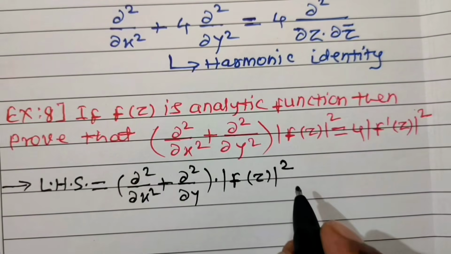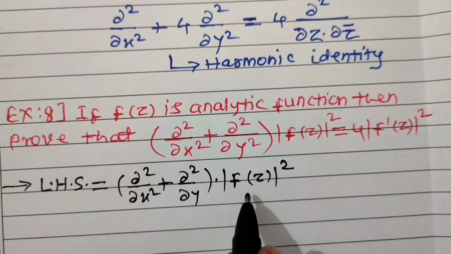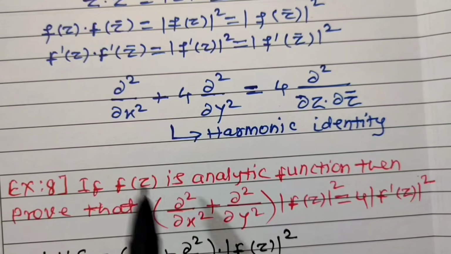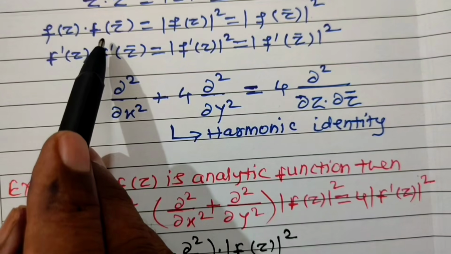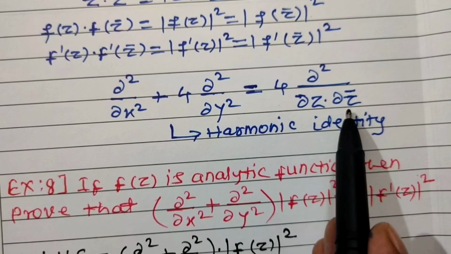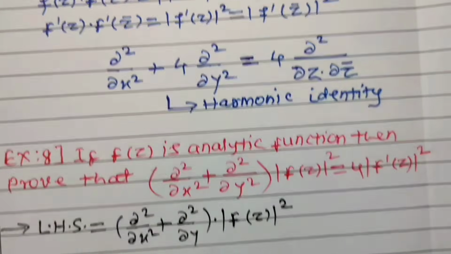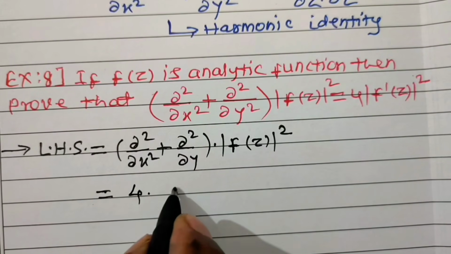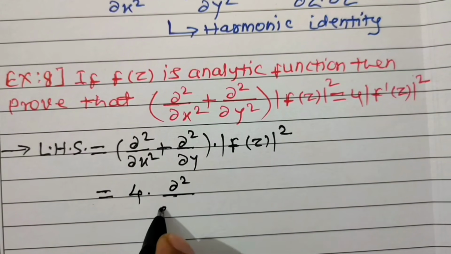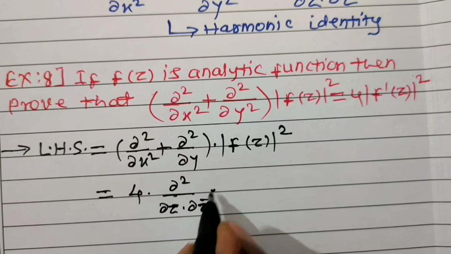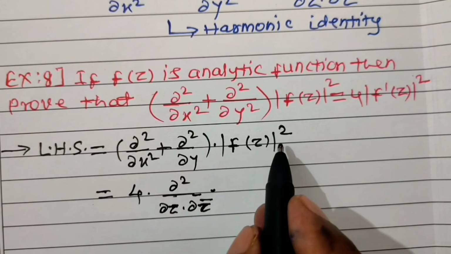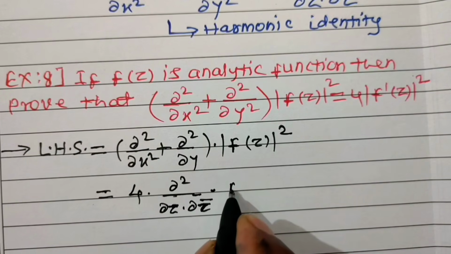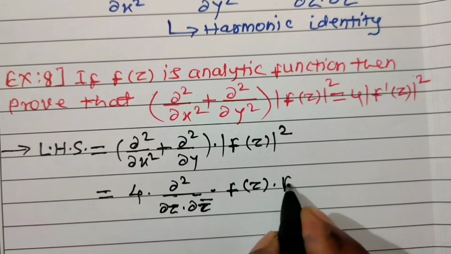But we know modulus of f(z) squared is given by f(z) into f(z bar), and using the harmonic identity we can replace the operator by 4 times ∂²/∂z∂z bar. So we can write LHS is equal to 4 times ∂²/∂z∂z bar on f(z) into f(z bar).